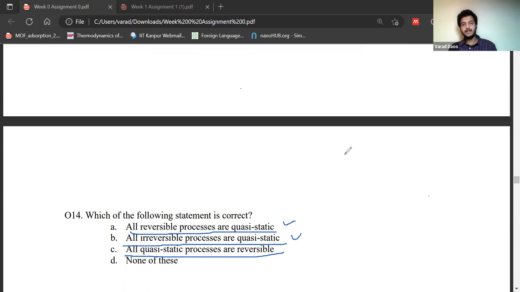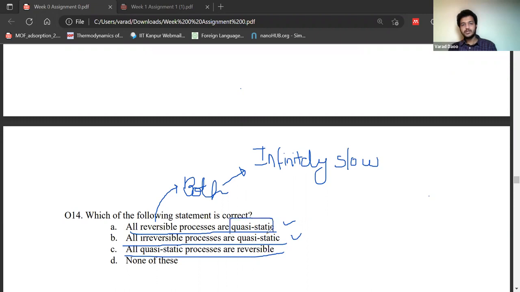So remember once again that reversible processes are the processes in which both system and surrounding come back to their initial position. Okay, and that is possible only in an infinitesimally slow process. Infinitely slow process. Okay, and quasi-static processes are infinitely slow processes.